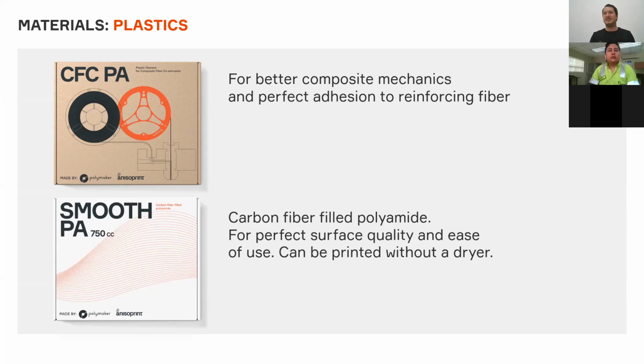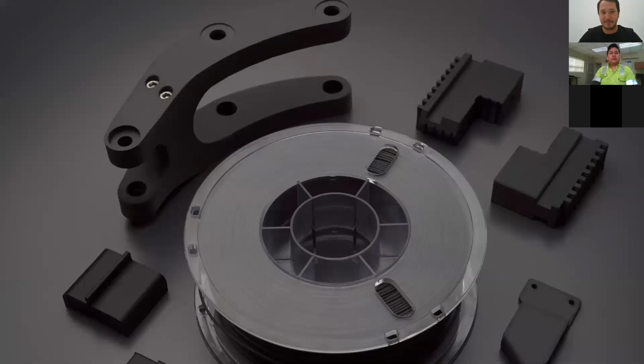So since the release of Desktop Anisoprinting, in every box of either Composer A4 or Composer A3, there will be one spool of the CFC PA material and one spool of the smooth PA material and one spool of fiber. So 3 spools provided by us, and of course you can get also these materials from us or from our partners worldwide to print with these materials.